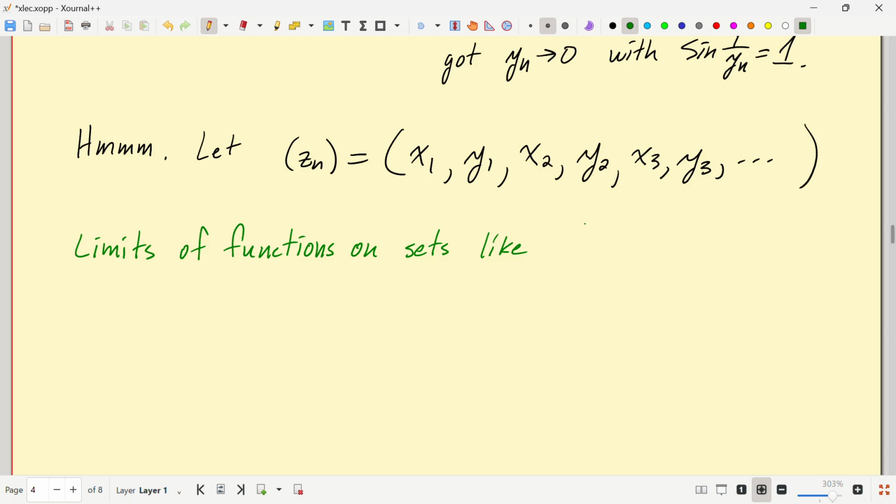But a set like 1 over n, such that n is a natural number, then it's natural to talk about the limit of the function at 0, because 1 over n tends to 0.